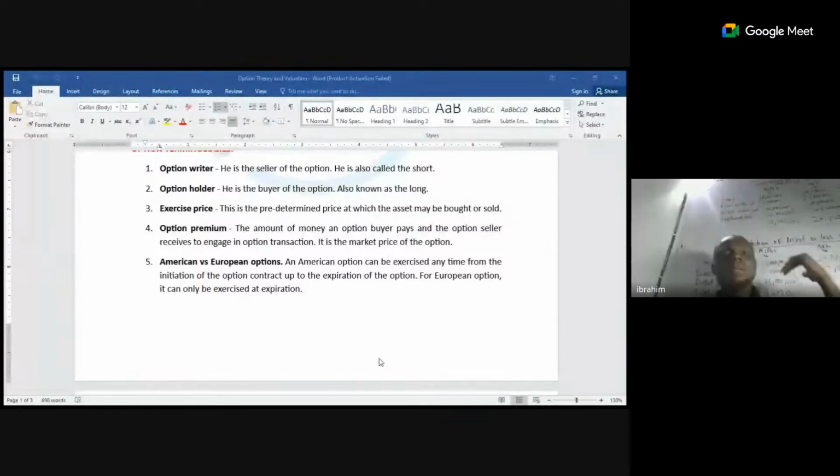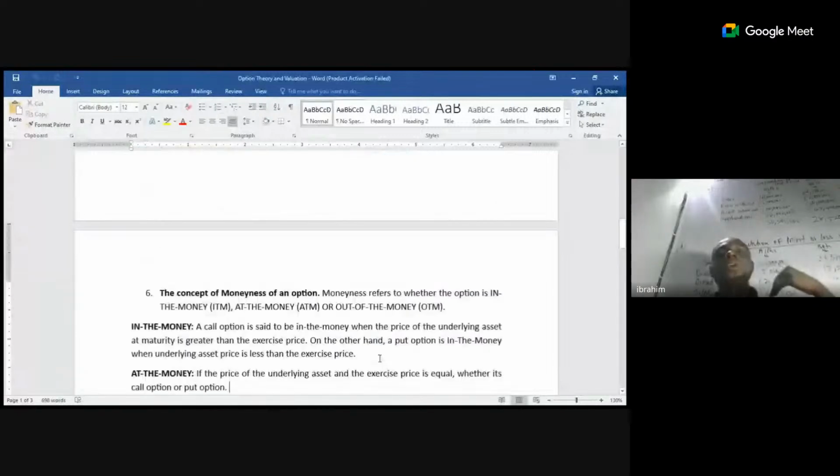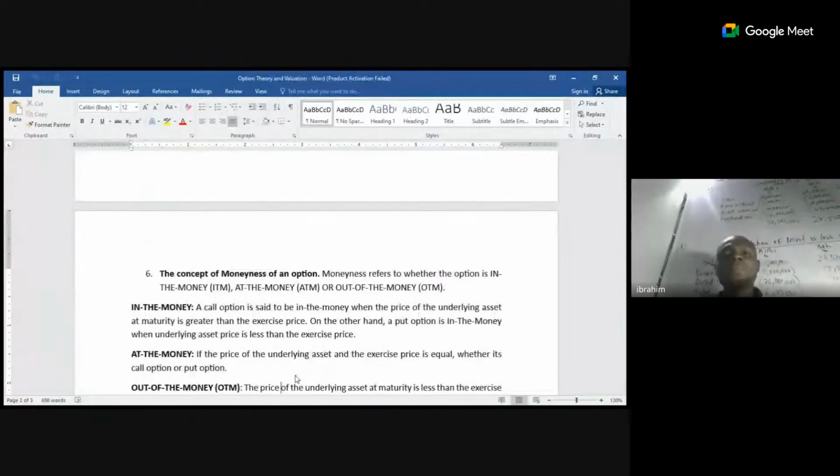Now, this will take us to the concept of moneyness of an option. Moneyness of an option refers to whether the option is profitable or not, whether the option is at break even, or at a loss.